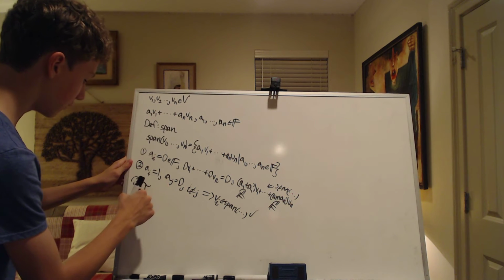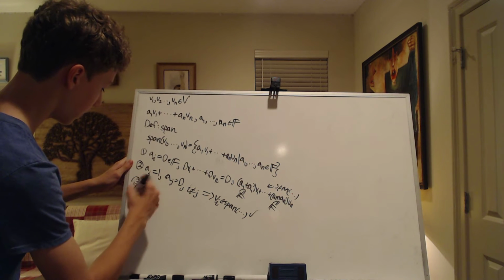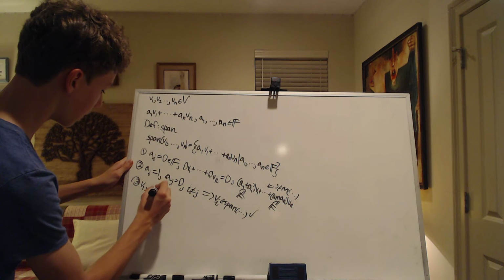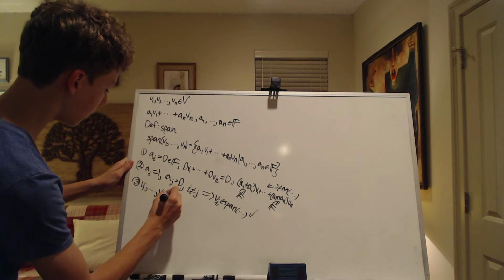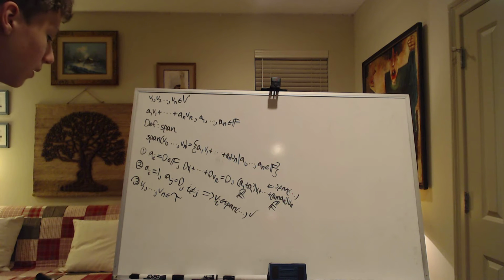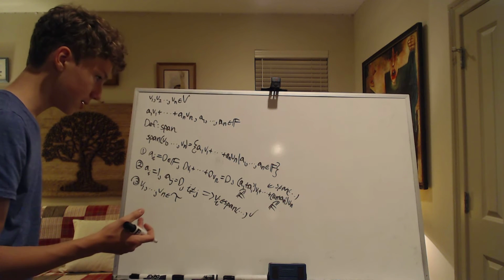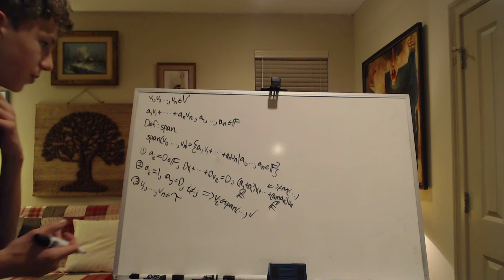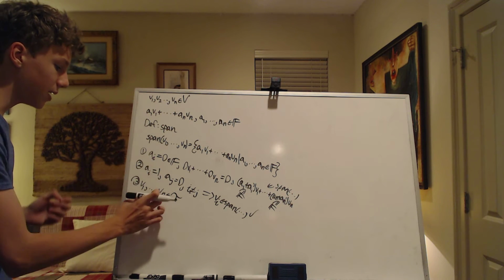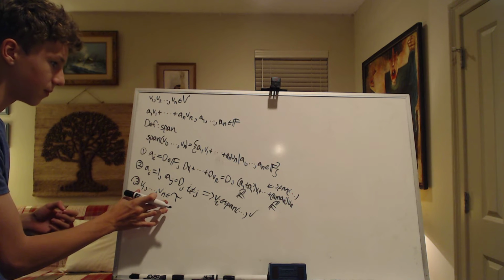Anyway, let's write it. If we have v1 all the way to vn in the subspace T, well, since it's a subspace, it must be closed under addition and multiplication, and so it must contain all the linear combinations of these vectors, right?